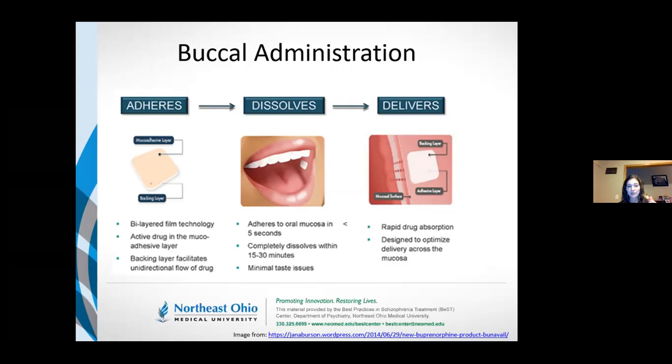So the buccal administration is a film that has 2 layers. One layer is what's called the backing layer. That's the layer that's going to be out toward the tongue and the rest of the mouth. It's not going to release medication through that. The microadhesive layer is actually going to deliver the medication. That's going to be the one that goes right up against the cheek.